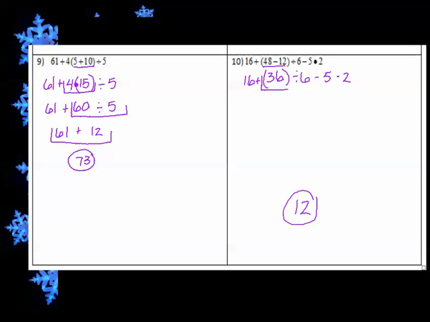Multiplying or dividing, yes. 36 divided by 6 gives you 6. More multiplying and dividing, 5 times 2 is 10. Done with multiplying and dividing, do my adding and subtracting in order. And then finish my problem, which gives me 12.